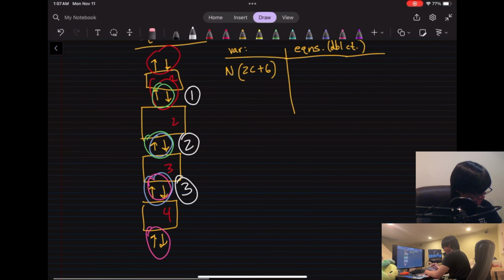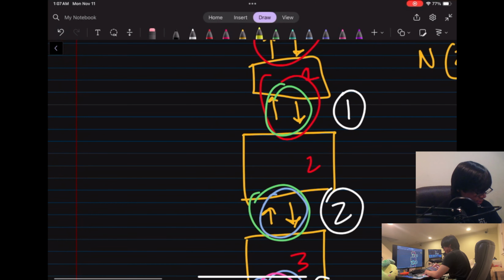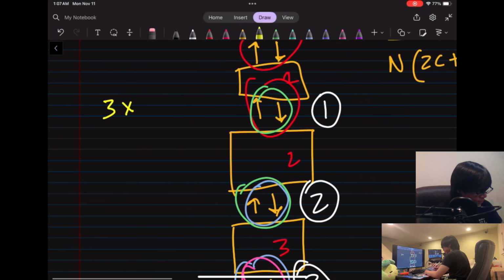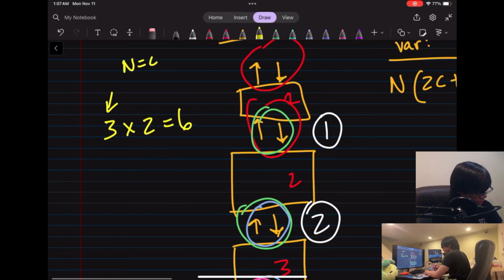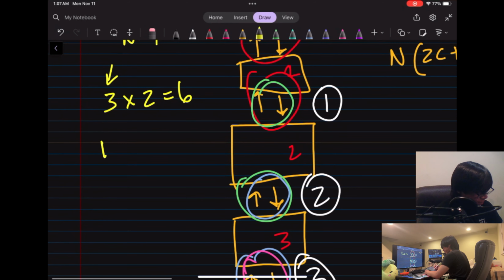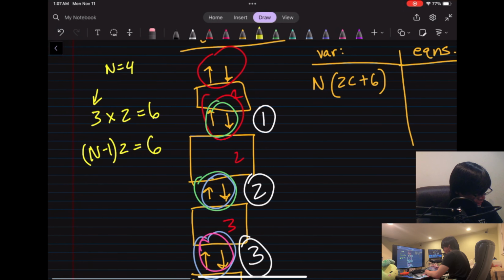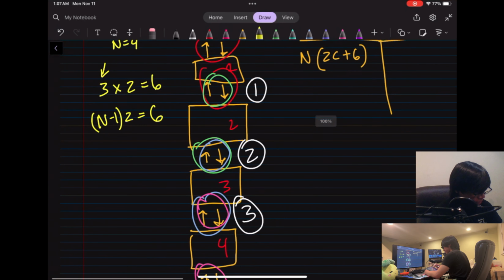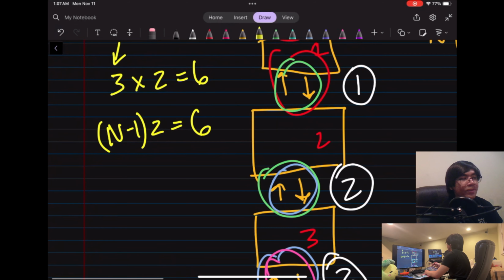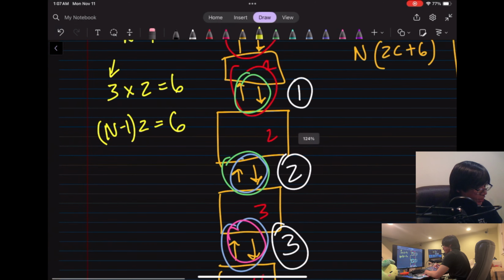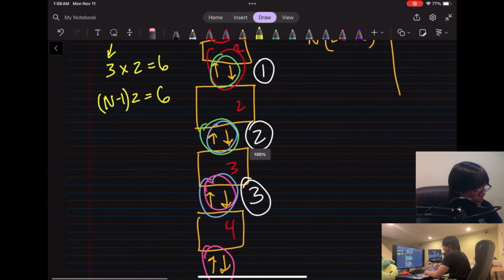So I'll just write it here as an aside. So 3 times 2 equals 6. So 3 pairs, and you'll notice that n was equal to 4. So if we do something like n minus 1 times 2, we can get the same number if n was 4. So again, just a short little algebraic representation to show for any number of stages we'll be able to calculate.